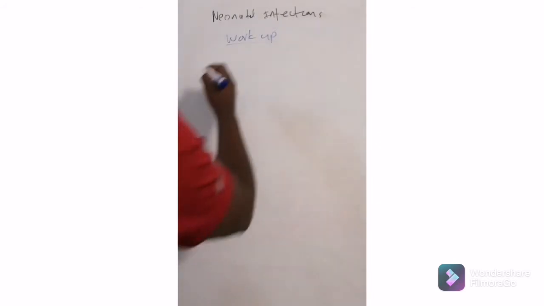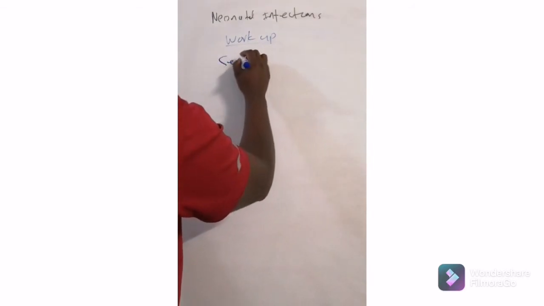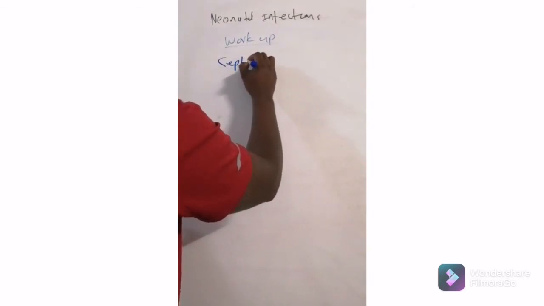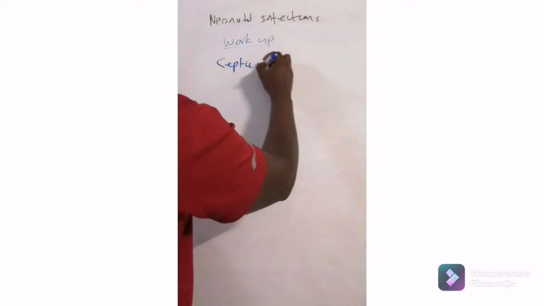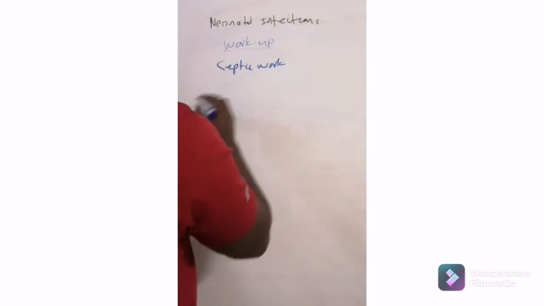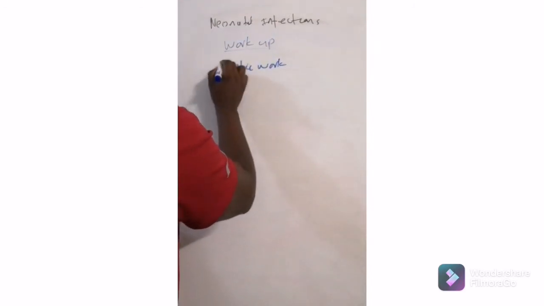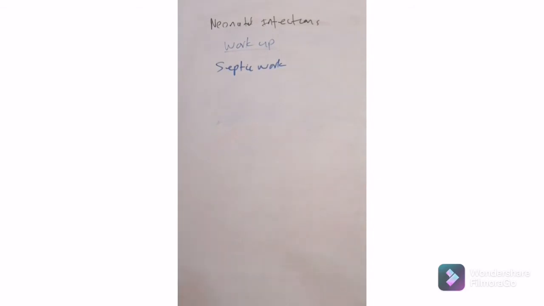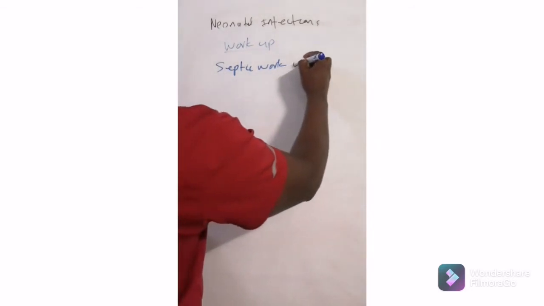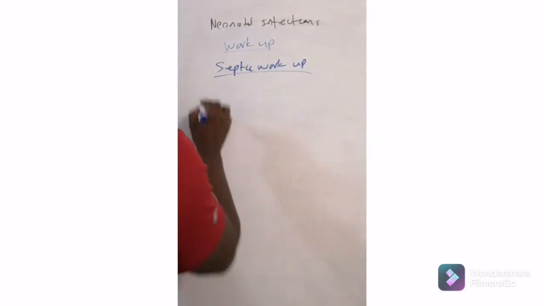So when they talk about a septic workup, that's what we're going to do. Whenever the consultant or the senior talks about a septic workup, this is what they are talking about.